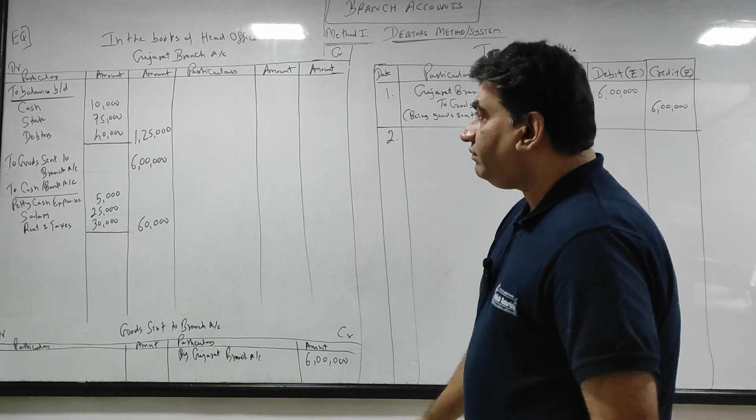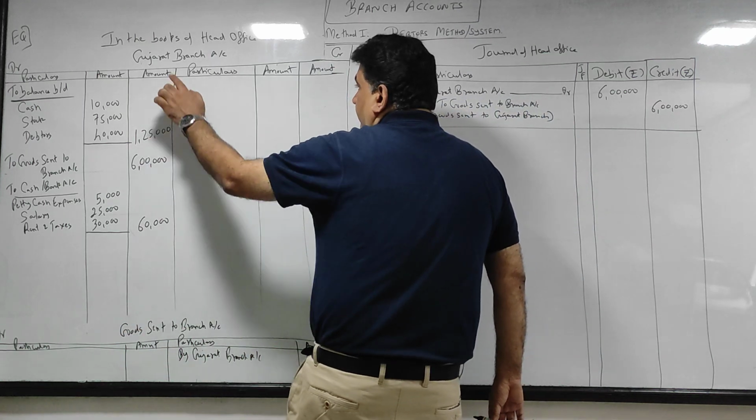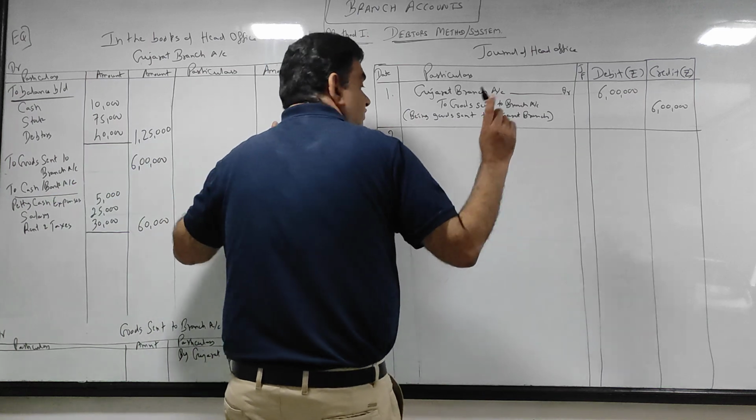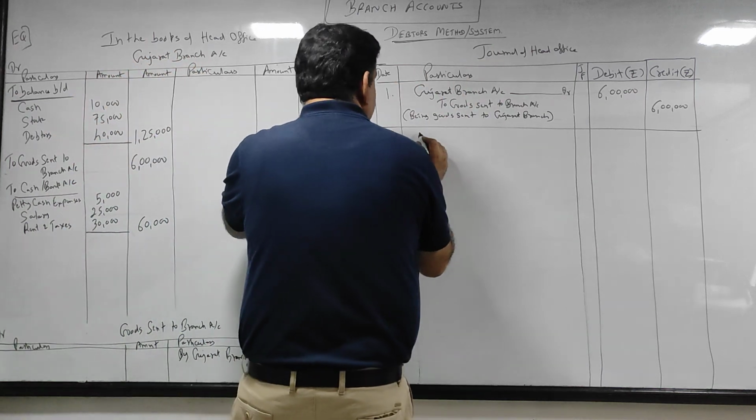Now, can I say journal? Again, कहाँ लिखा? Gujarat branch. What you have written? To cash bank. So इसका posting come to the journal. FYJC, SYJC level ही है.